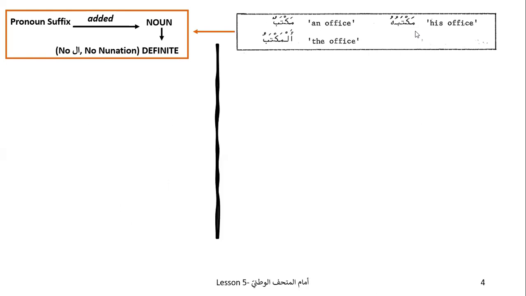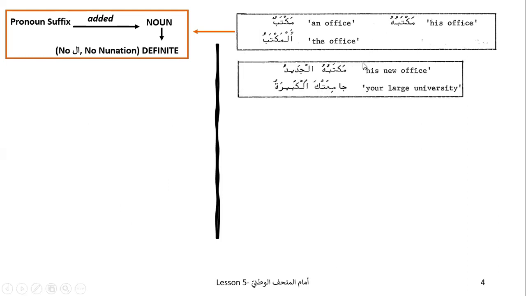So when you add the pronoun suffix, you can't put al, and also the nunation is gone. It has to be light.